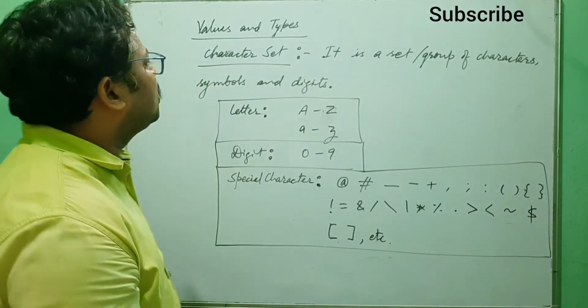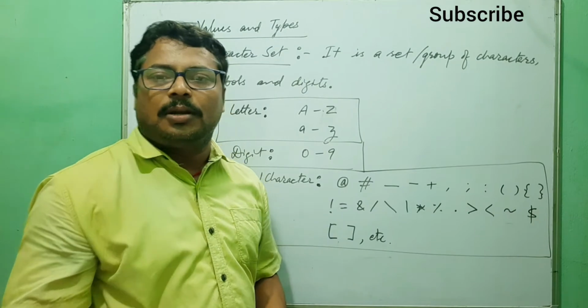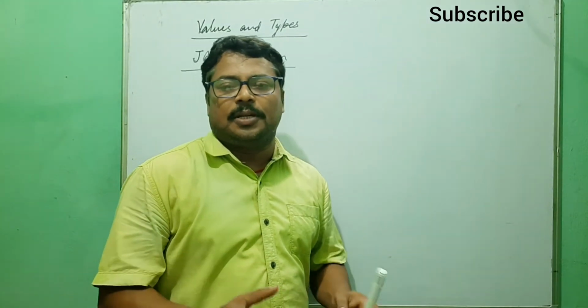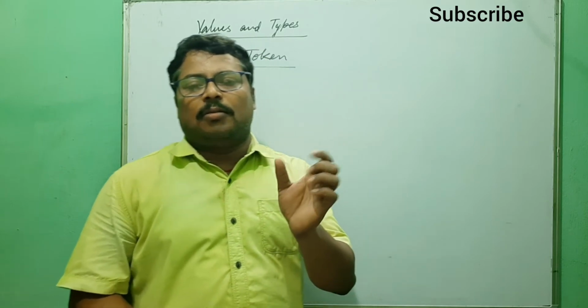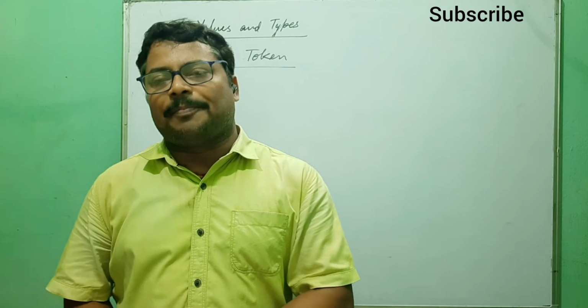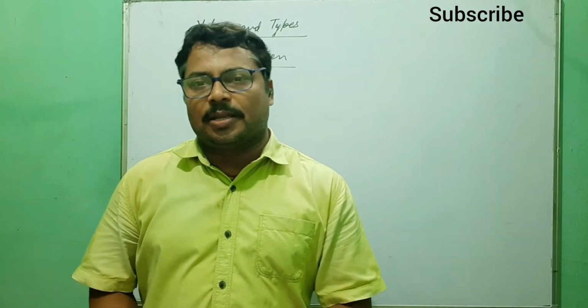Now we discuss the token. So what is a token, let us understand first. A token is known as the smallest individual unit in a Java program, which has some special meaning in Java.